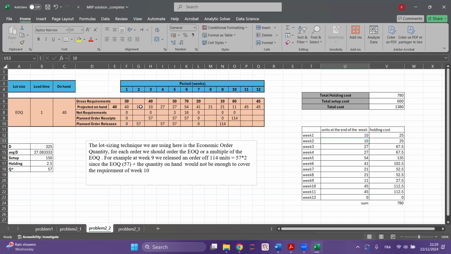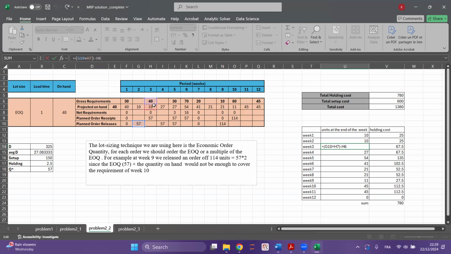Next week we have those same 10 units in inventory. At the end of week 3, we have 27 units. Here's how we got those. So we have 10 units already on hand, and we have 57 units arriving that week. To cover our gross requirements, we used 40 units.